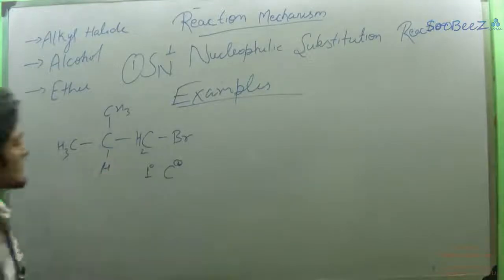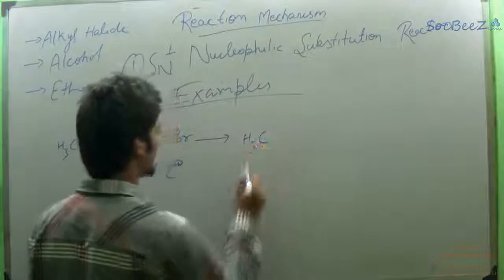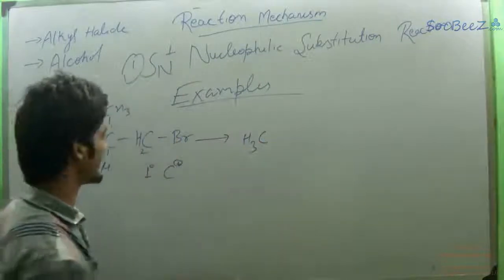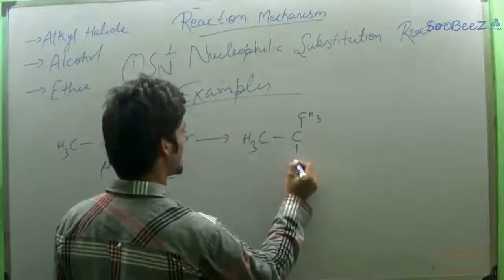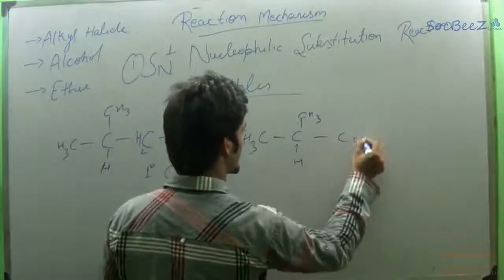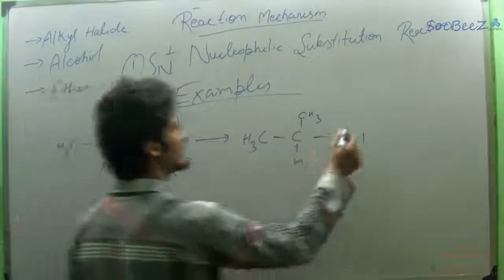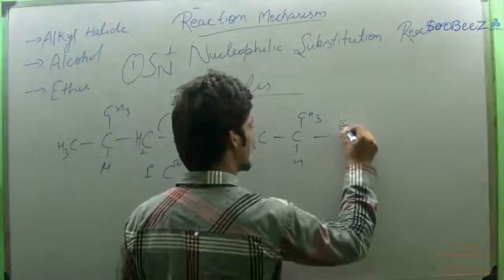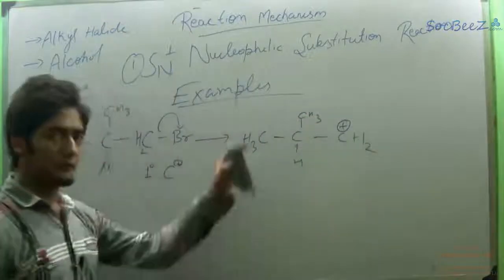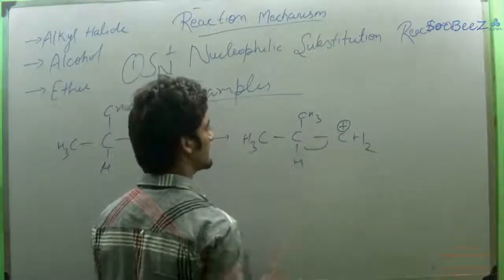But on taking a look, if we see, this carbocation has a special opportunity. That is, suppose this Br leaves the molecule and this carbocation is formed, then the opportunity is to have a hydrogen shift.